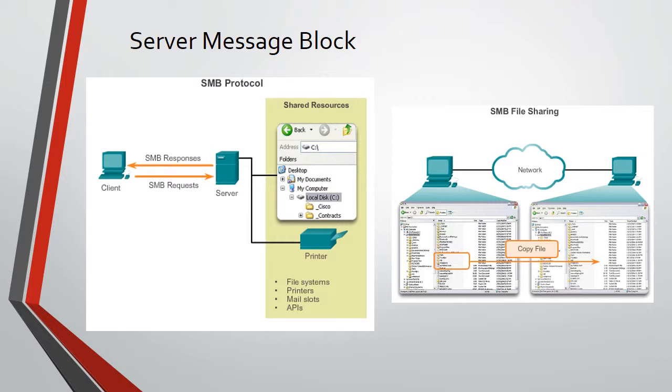The Linux and Unix operating systems also provide a method of sharing resources with Microsoft networks using a version of SMB called Samba. The Apple Macintosh operating systems also support resource sharing using the SMB protocol.